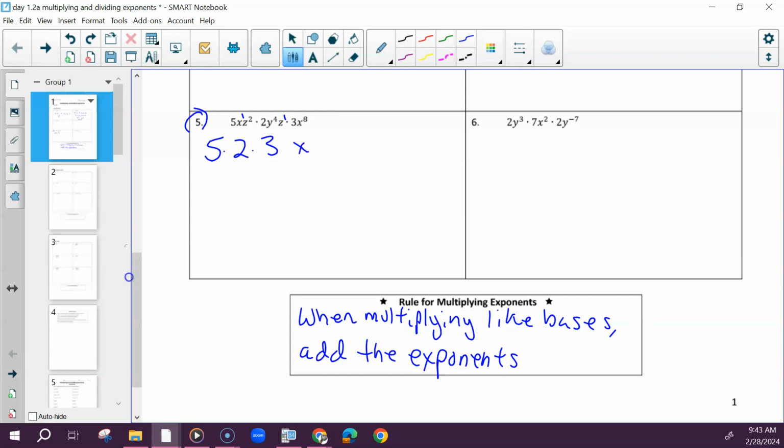So I have x to the first plus 8, y to the fourth, z to the second plus 1. And then I'm going to simplify and condense. So go ahead and multiply 5 times 2 times 3.